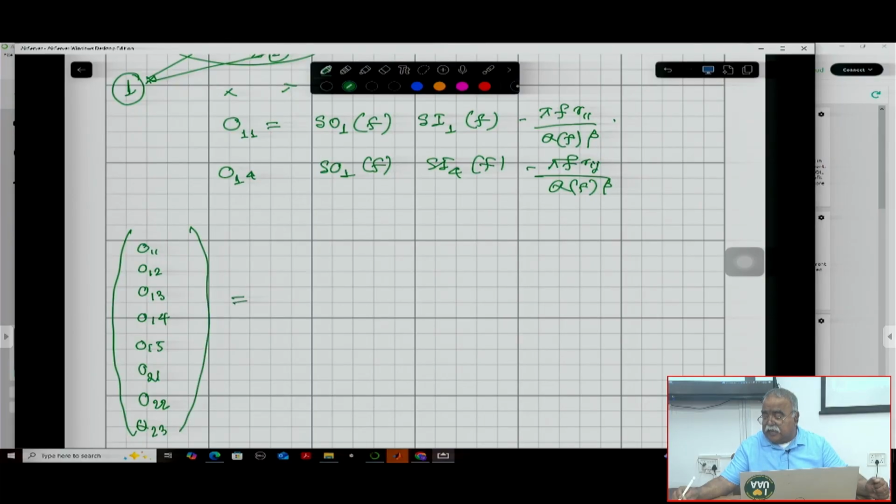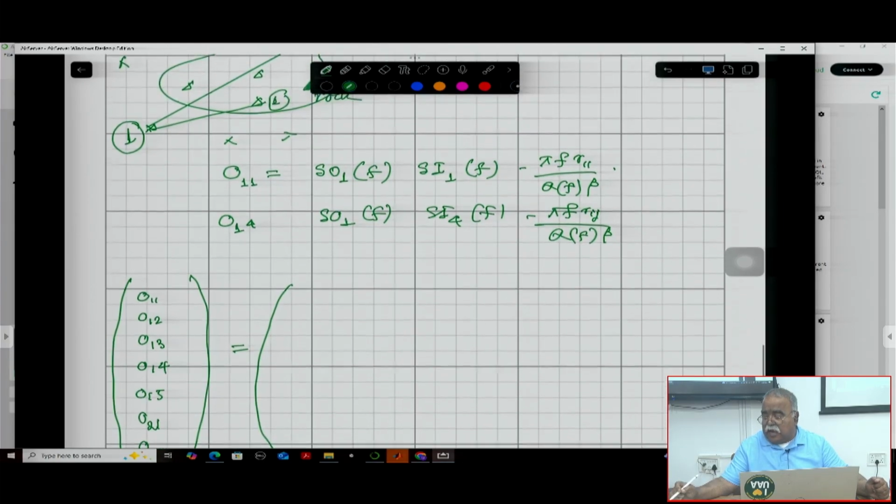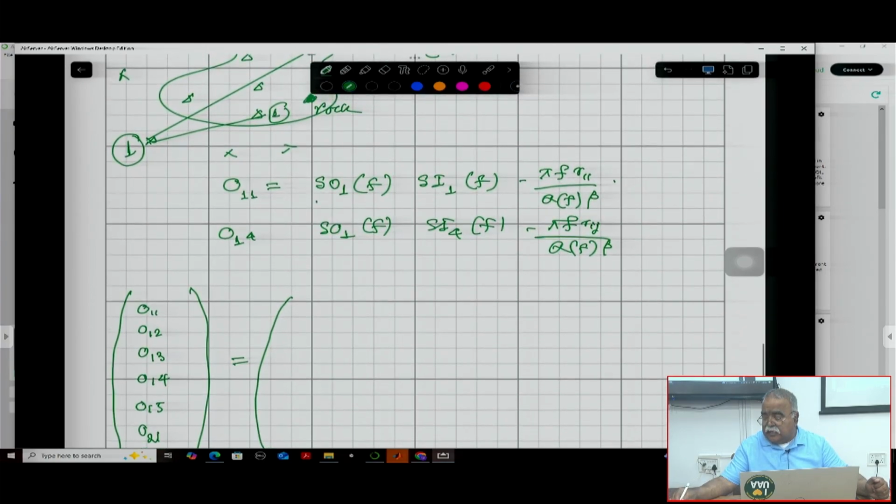And on this side, we are saying that this source has been recorded. So let's say this is your S1.